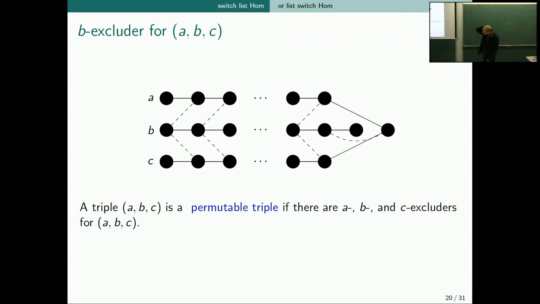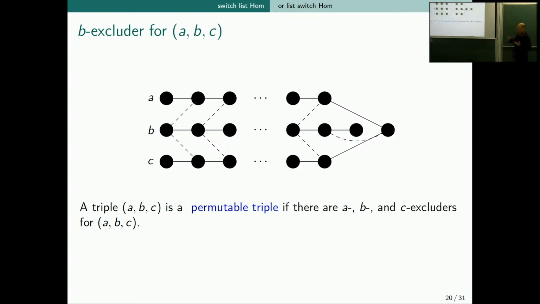So what they did with these permutable triples is they said, essentially, if we find this in our graph, then for the tuple ABC, it can't map to B. These are paths, and this is a path with non-edges there.